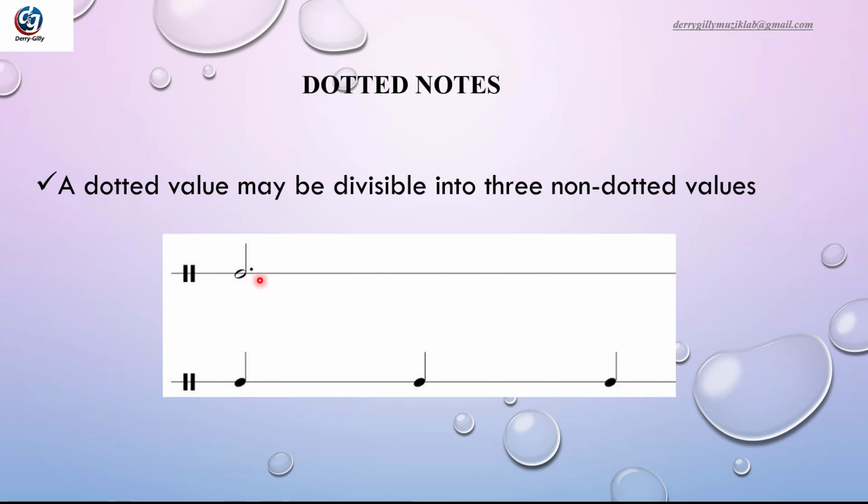So 3 of this one can also mean 1, 2, 3. So this is what this interpretation means, that a dotted value may also be divisible into 3 non-dotted values.